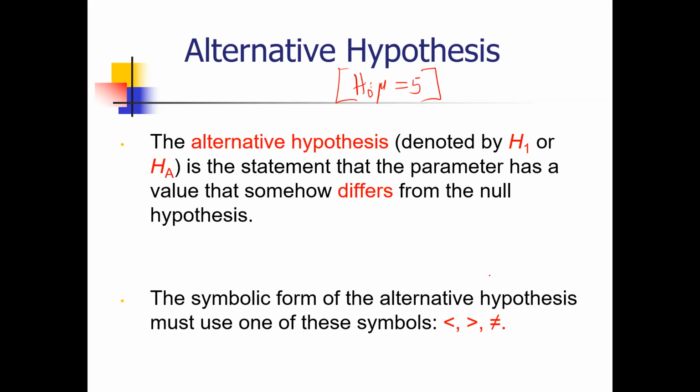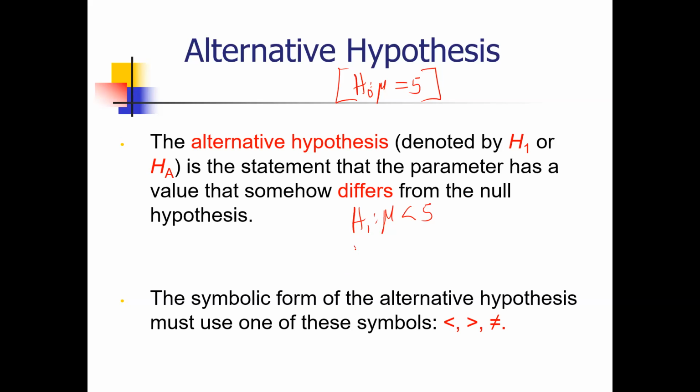Then the alternative is what counters that claim. The alternative is stated in 3 different ways. If I say the average height across the country is 5 feet, then if you're not agreeing with that, there are 3 possible ways you could disagree. One is that the average height is actually less than 5 feet.